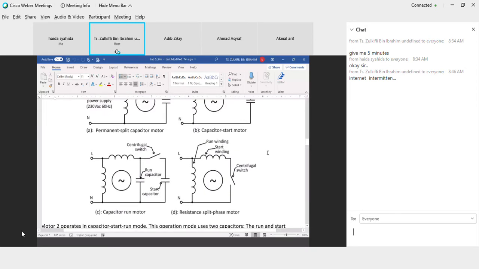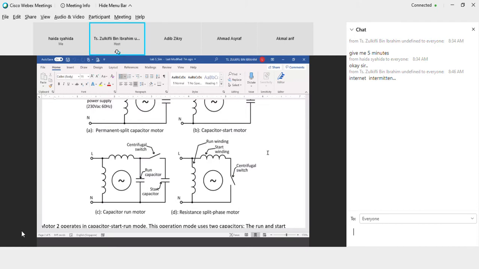So ada dua, you ada start and run. So basically, before to start the motor, awak ada two parallel capacitor. So biasanya kalau kita gabungkan capacitor in parallel, you will campur dia kan, so you will add the capacitance of the capacitor.